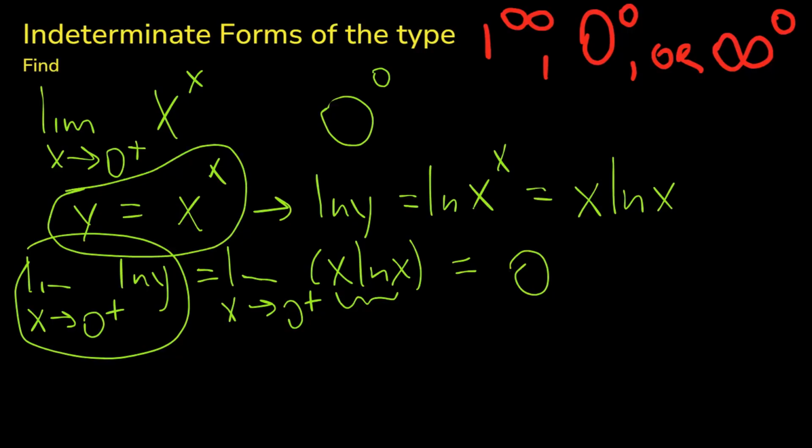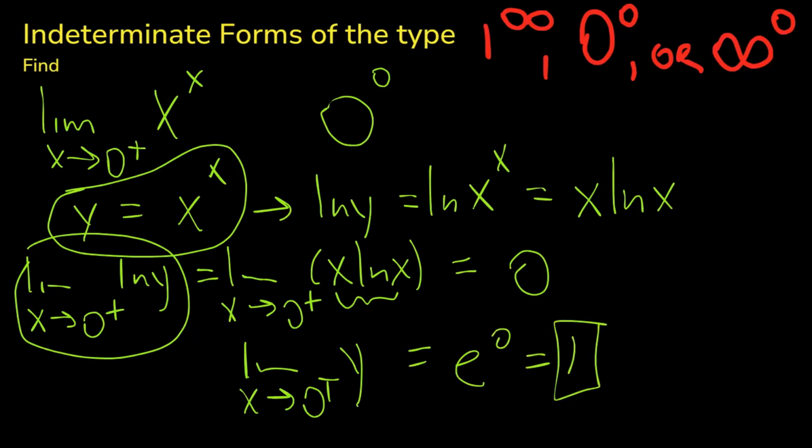So we need to undo taking the natural log. Since this limit is equal to 0, then the limit as x approaches 0 of y is going to equal e to the 0, which is 1. So basically, since we natural logged at the beginning, you have to undo that by exponentiating at the end.